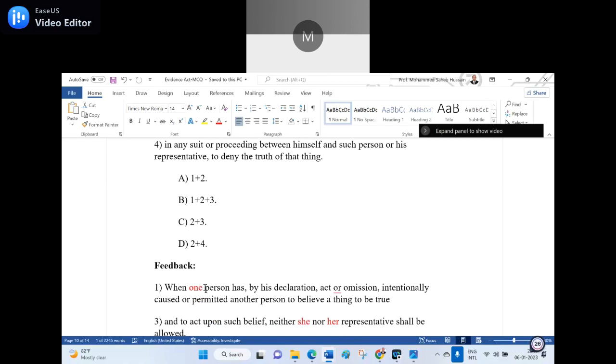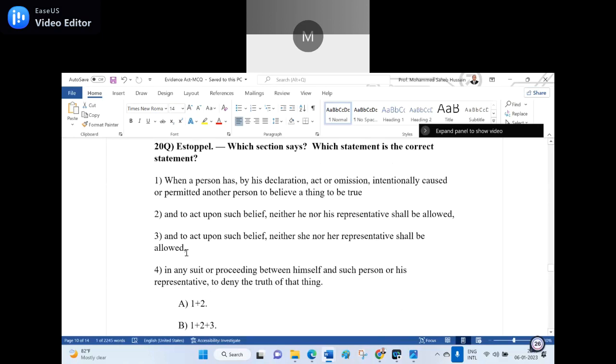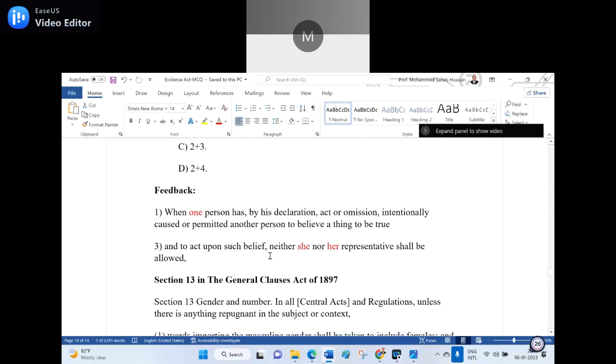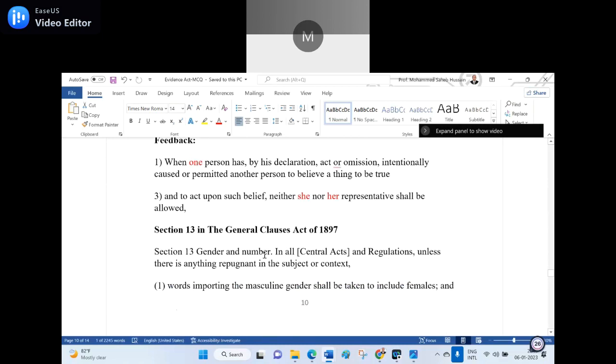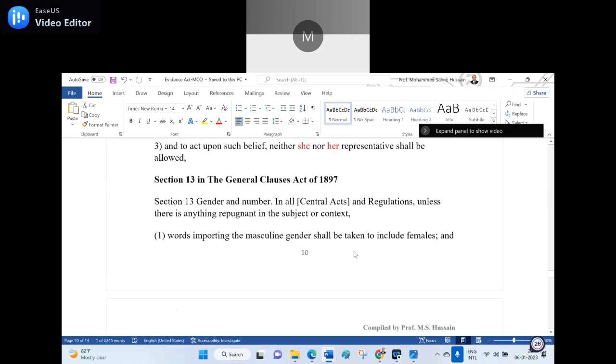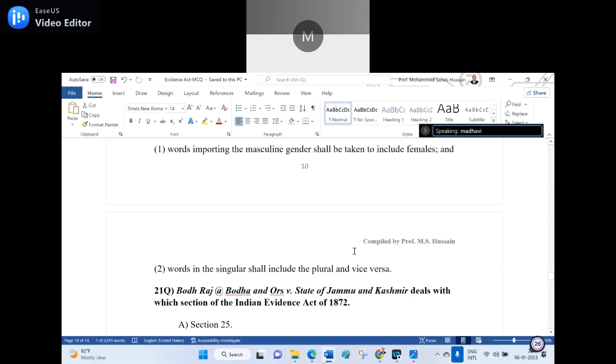Yes, sir. Now the third one is, and to act upon such belief, neither she nor her representative shall be allowed. No, because as per Section 13 of the General Clauses Act, it clearly says a masculine gender includes the feminine gender, and also singular includes plural.